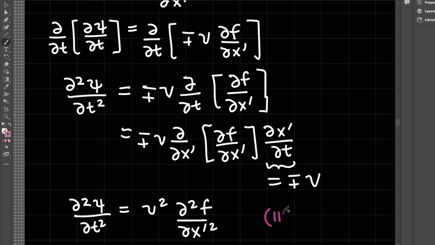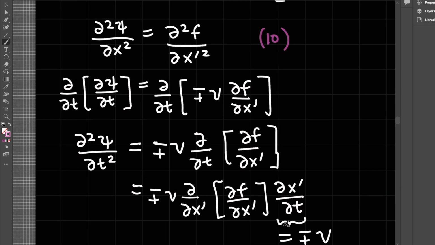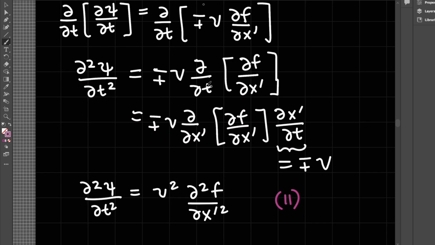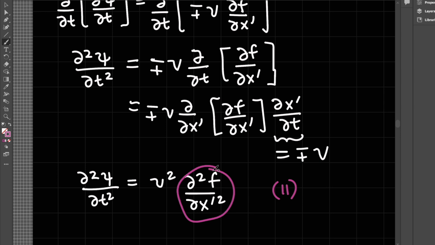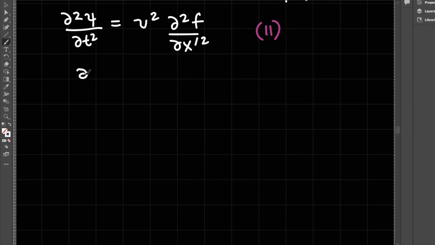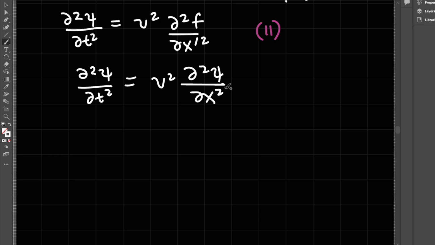So for now, let's label this as equation 11. So here we could plug equation 10 into equation 11. And we end up with the second order partial of psi with respect to time equal to v squared times the second order partial of psi with respect to x.